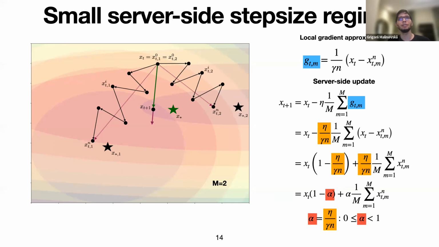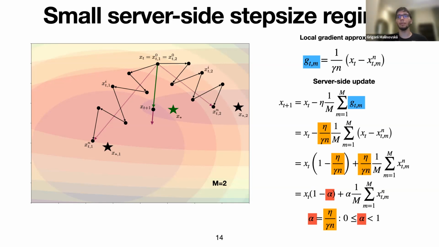The first point is just xt, the initial model for this epoch, and the second point is the average of updated local models.